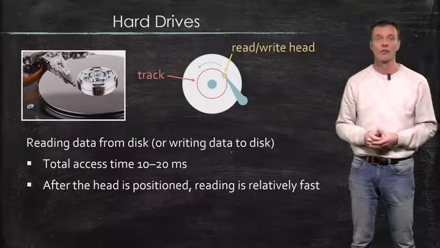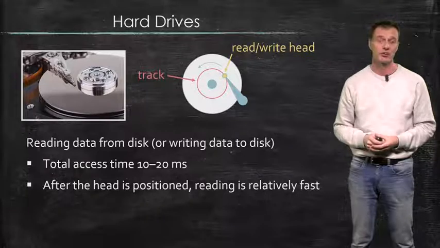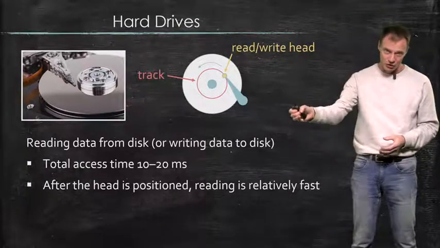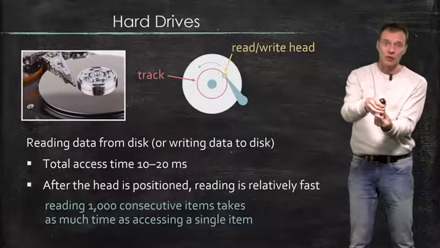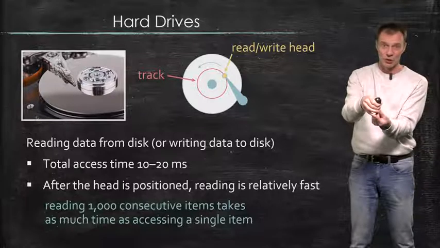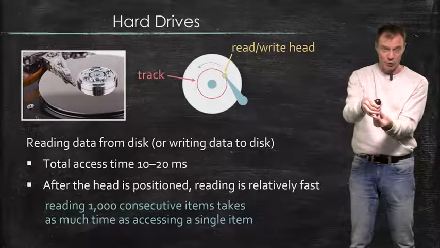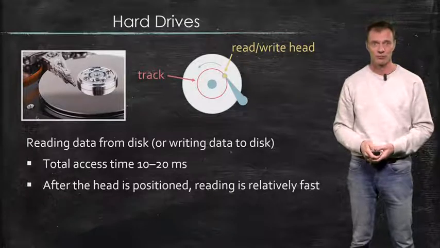So, roughly speaking, and of course it depends on the characteristics of the disk, the time it takes to position the head and wait until the track is at the right position is about the same as, from that point on, reading the next 1,000 data items.